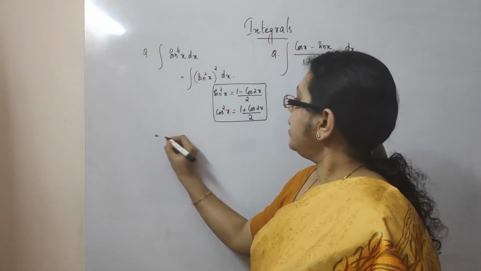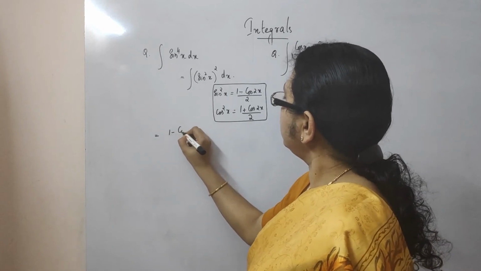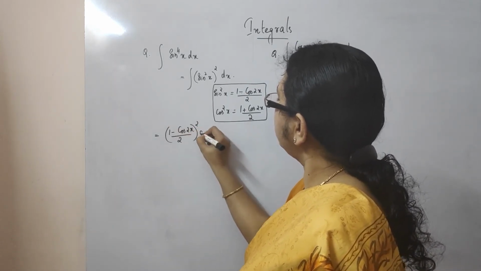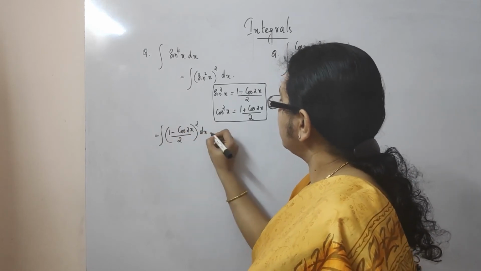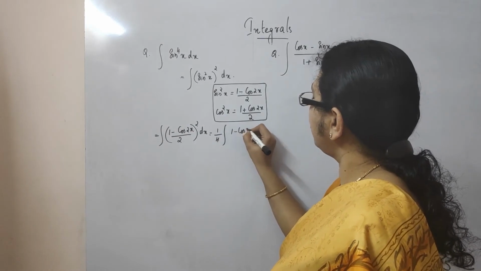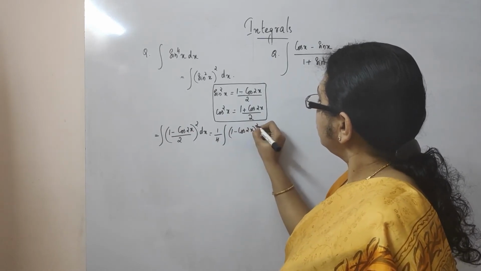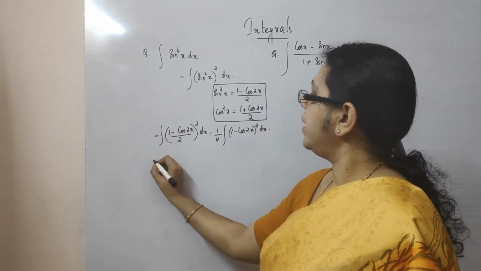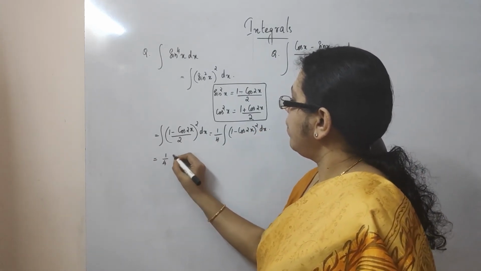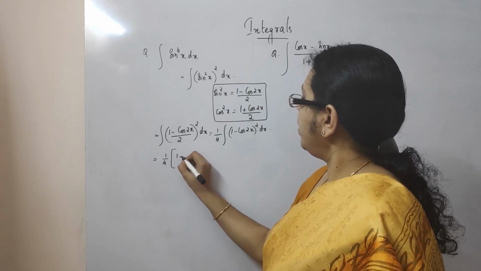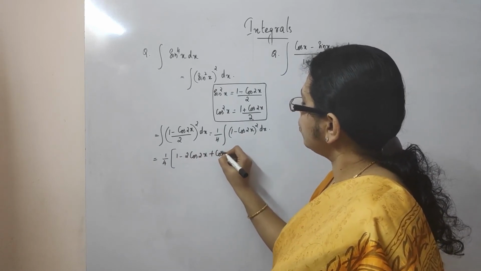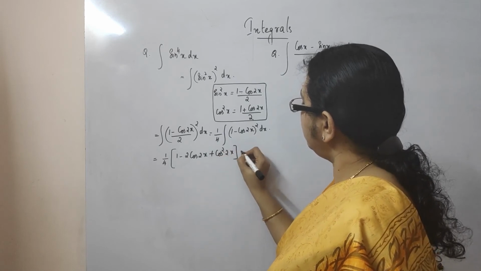So, I can write this as 1 minus cos 2x by 2 the whole square into dx. Okay, so this is 1 by 4 times integral of 1 minus cos 2x the whole square into dx. When I expand it using a minus b the whole square, what will I get? 1 by 4 times 1 minus 2 cos 2x plus cos squared 2x into dx.